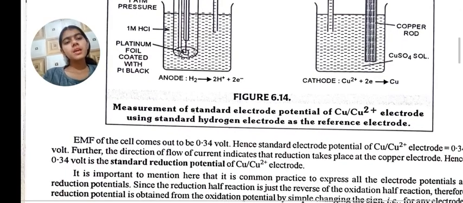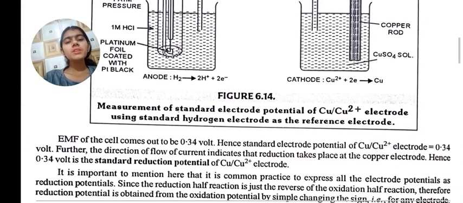EMF of the cell comes out to be 0.34 volt. Hence, standard electrode potential of the Cu2+/Cu electrode is 0.34 volt. Further, the direction of flow of current indicates that reduction takes place at the copper electrode. Hence, 0.34 volt is the standard reduction potential of the Cu2+/Cu electrode.